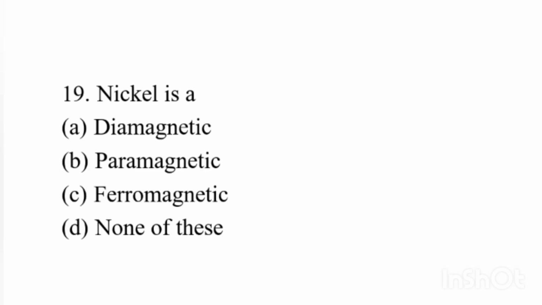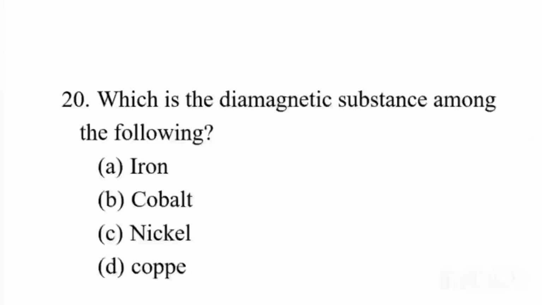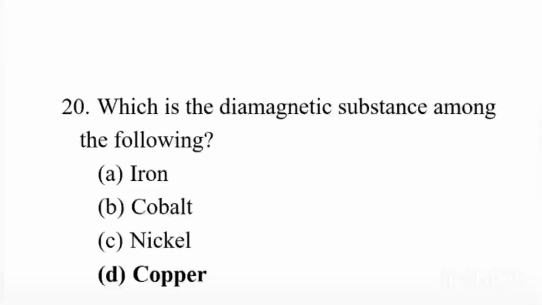Nickel is option A, diamagnetic, option B, paramagnetic, option C, ferromagnetic, option D, none of these. Here the correct answer is option C, ferromagnetic. Question number 20. Which is the diamagnetic substance among the following? Option A, iron, option B, cobalt, option C, nickel, option D, copper. Here the correct answer is option D, copper.